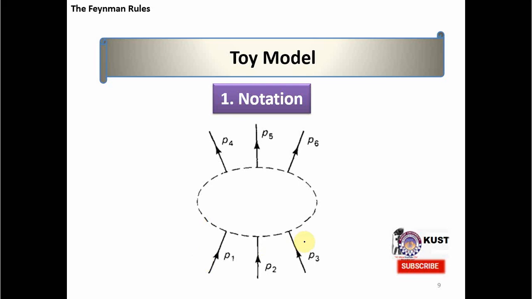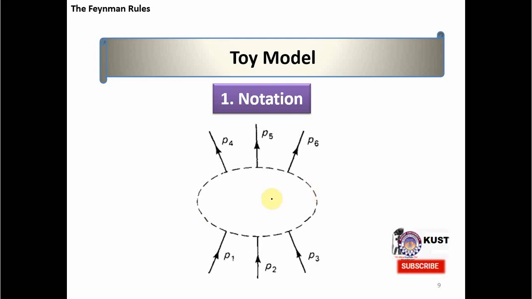So in this there are no loops, so we have P1, P2, P3, for example, for the incoming lines, and P4, P5, P6 for the outgoing lines. So in this way, drawing an arrow and also writing the symbol on it, you label all the incoming momenta and also the outgoing momenta. And if there are loops involved, then you also have to label them with the symbol Q, the internal momenta.